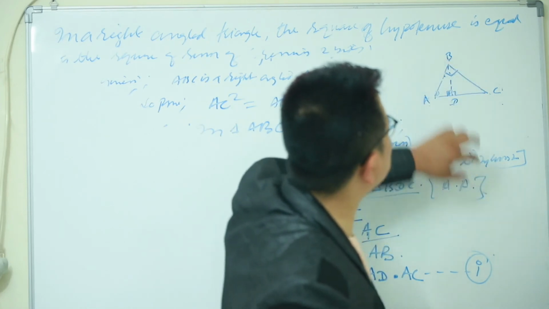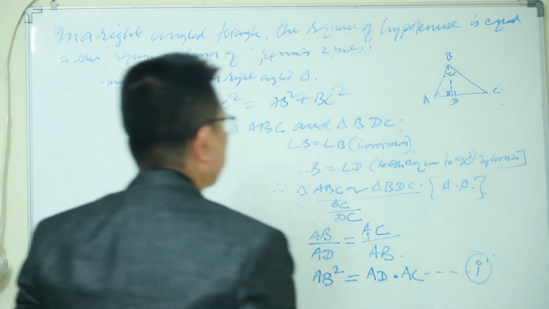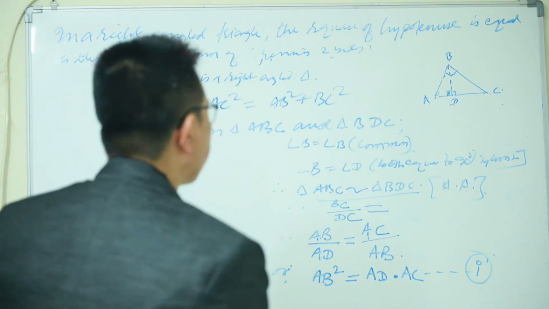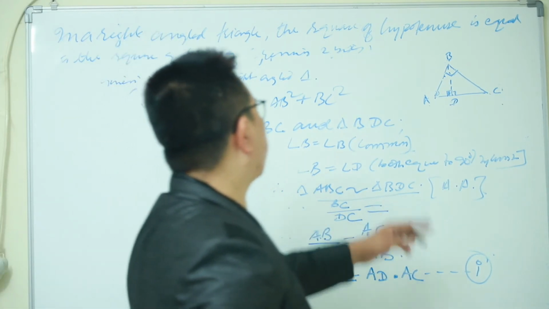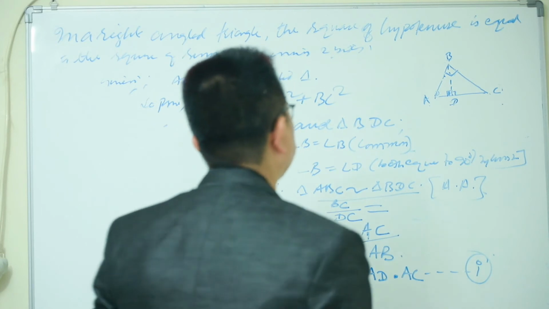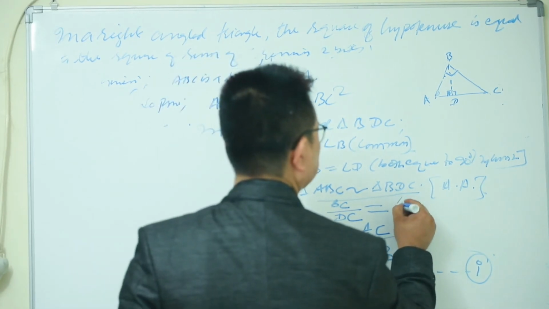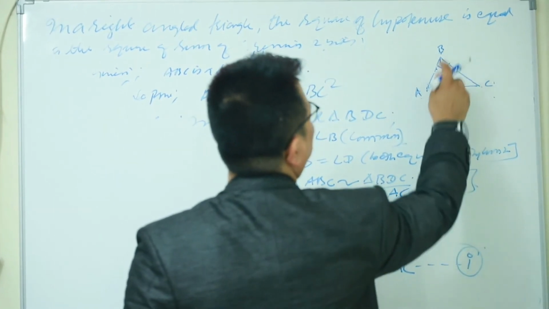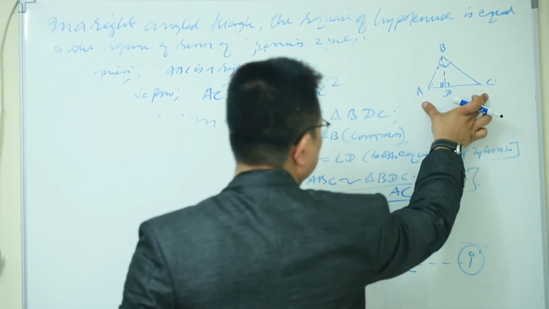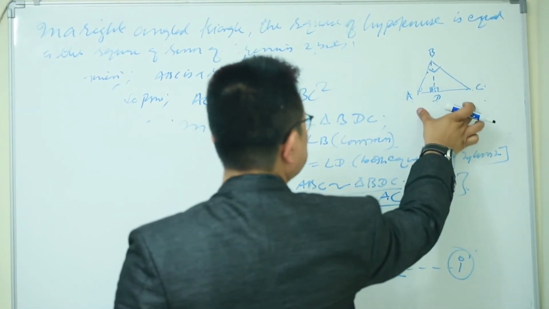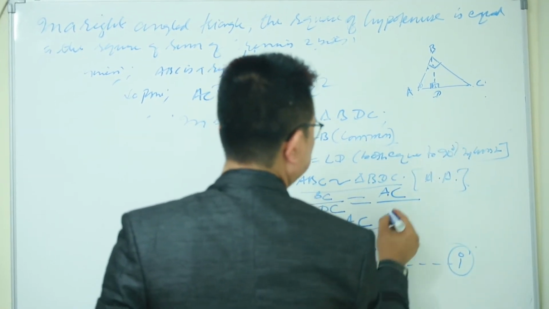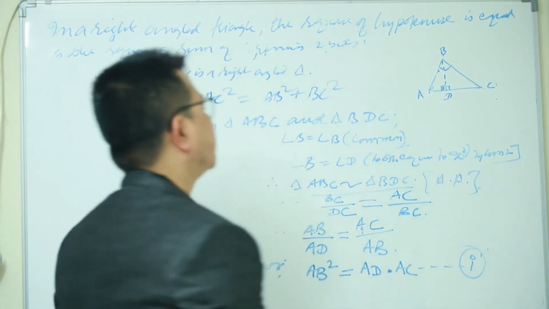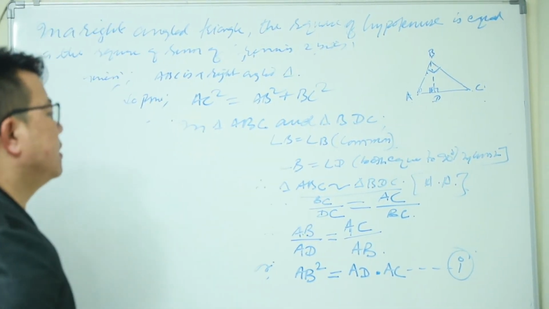BC in the larger triangle and DC in the smaller triangle is equal to the corresponding side AC. AC is in the larger triangle, and what is the corresponding side of AC in the smaller triangle? BC.